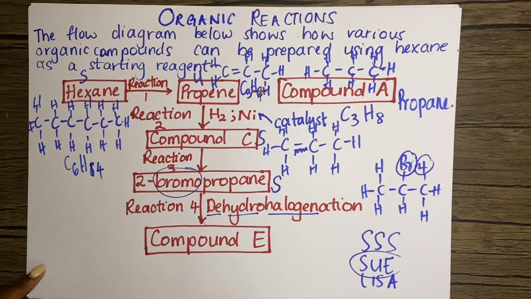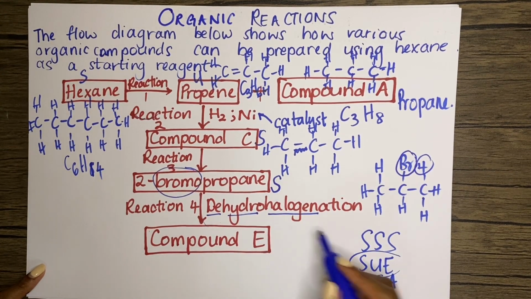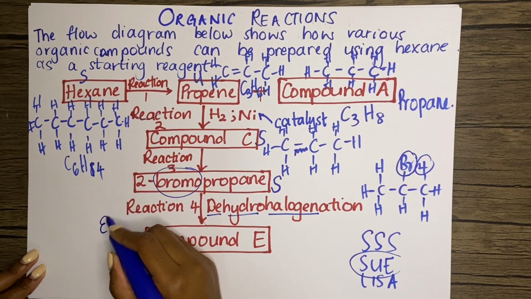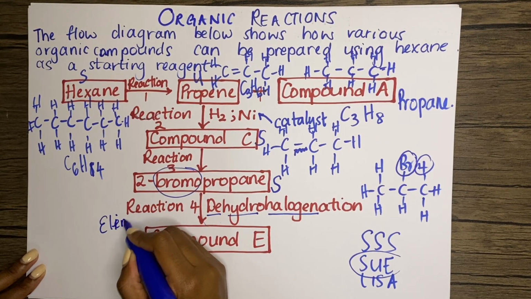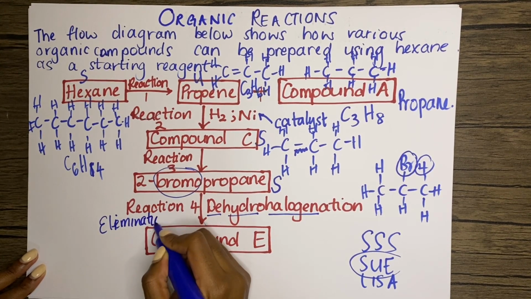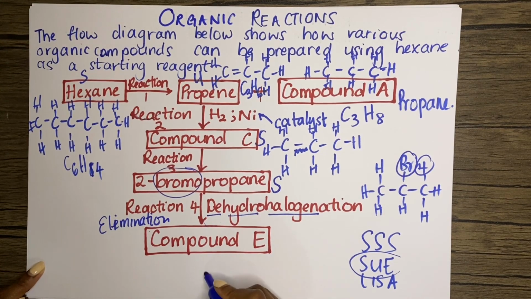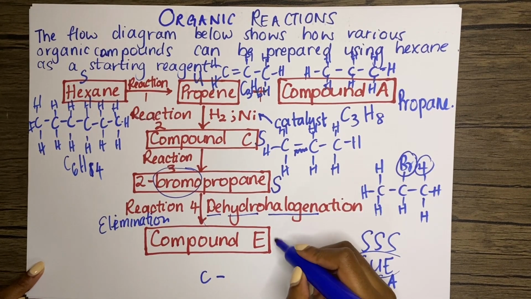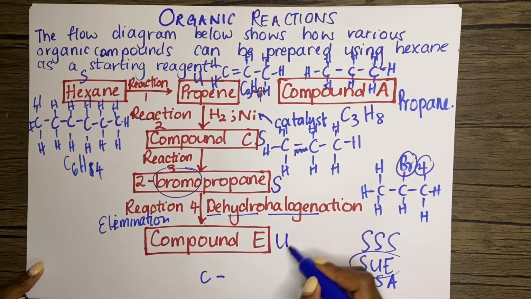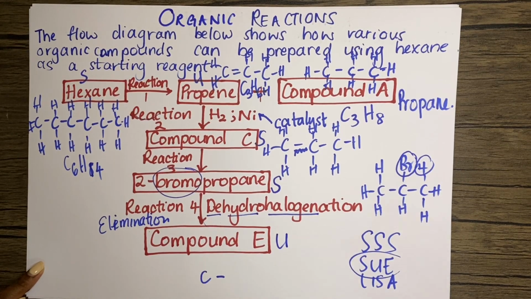Then they say write down compound E. So dehydrohalogenation is the type of reaction, it's elimination. And the type of elimination is dehydrohalogenation. Compound E would then be, so you went from saturated and you eliminated, which means you're expecting this to be an unsaturated compound, right?